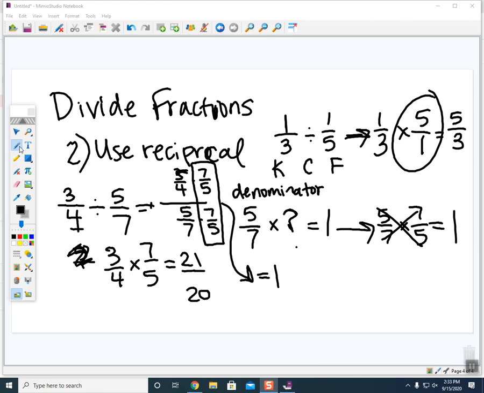I'm doing all these extra steps without even realizing it, right? So if I had my 21/20 divided by 1, then I just have 21/20, okay? So keep, change, flip is probably one of the fastest ways to divide fractions, and now you know why it works.